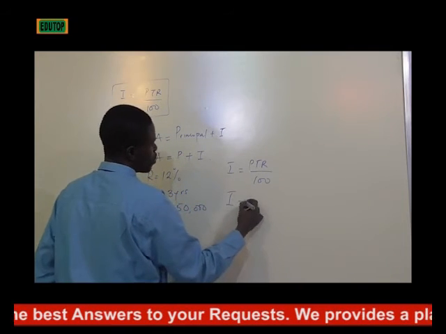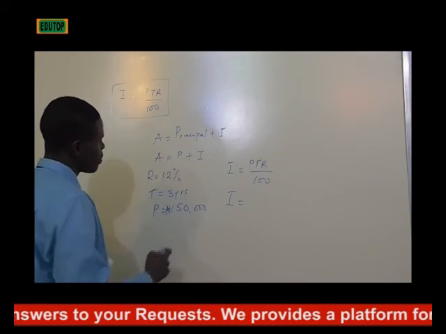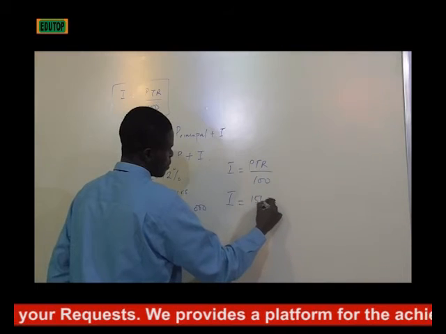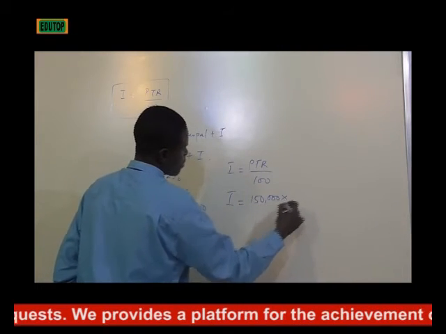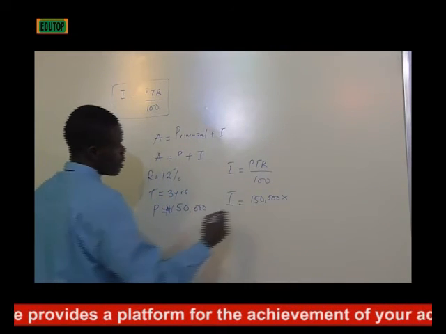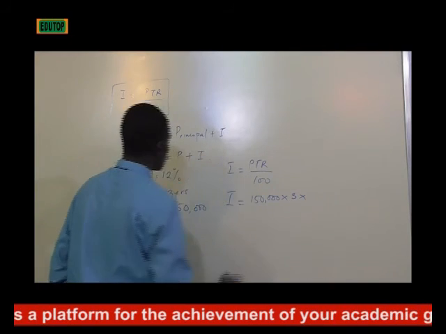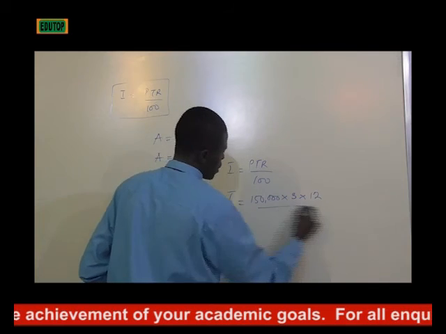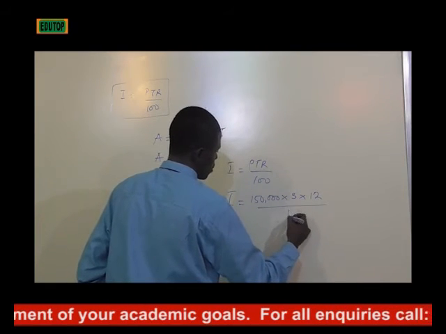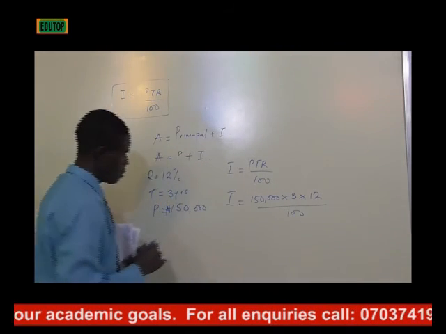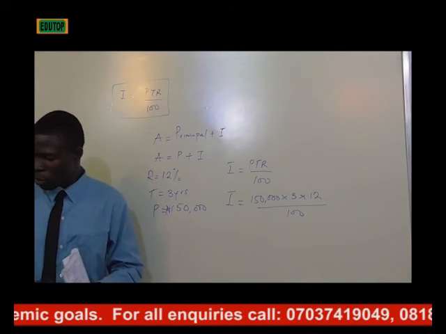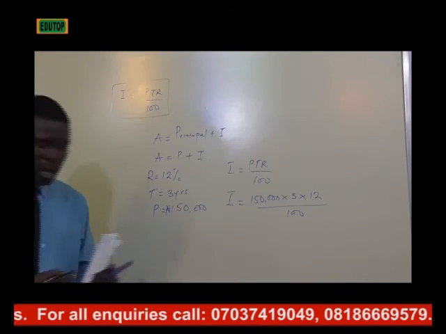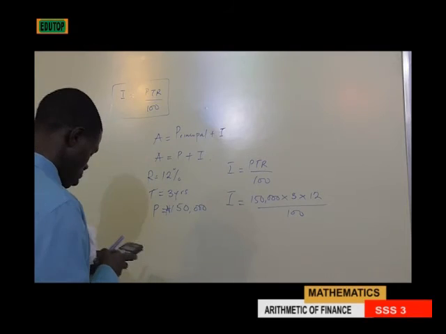So here we have interest equal to principal. Where is the principal? Principal is 150,000, times the time, which is 3 years, times the rate, which is 12%, and that goes over 100. So here we have to use our electronic device to determine the result.